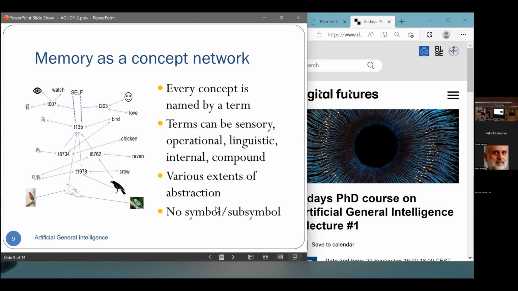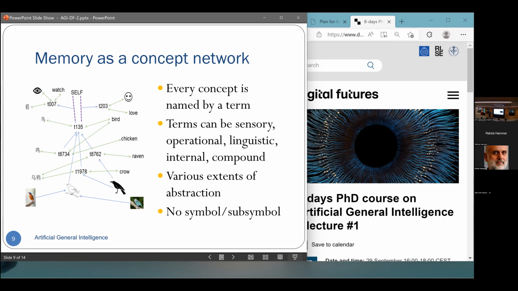Another thing related to the traditional AI debate is that there is no such thing as the so-called symbol versus sub-symbol distinction. According to the traditional view, and now still many people believe it, neural networks are good for sub-symbolic materials, and traditional logic and so on are better for symbolic processing. In this picture, there's no such distinction.